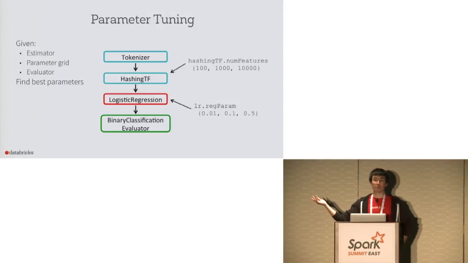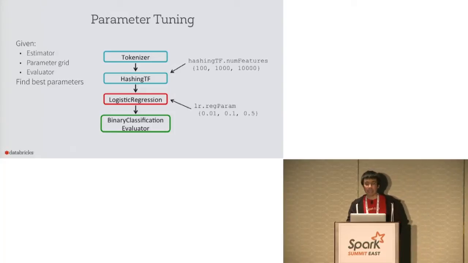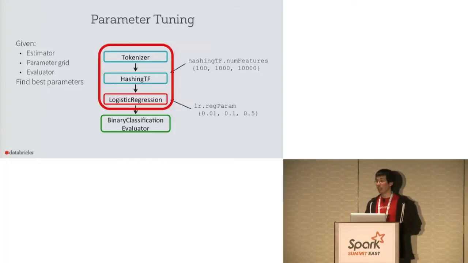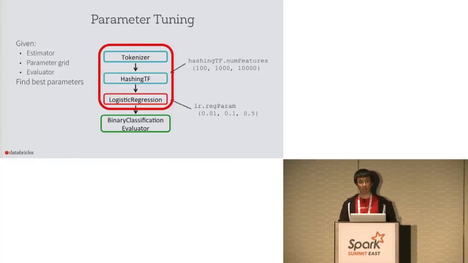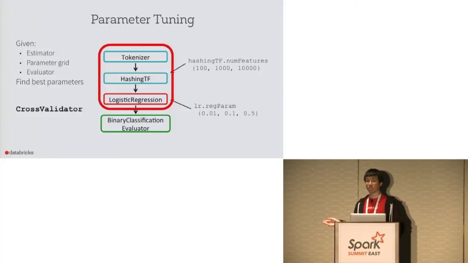HashingTF has a parameter for the number of features to produce. Try a few values. But of course, this can quickly get complicated. What the pipeline abstraction does is let us wrap this whole thing in an abstraction for an estimator, which is our pipeline. And now we can pass this pipeline to this class, CrossValidator, which can basically handle this tuning automatically for us.